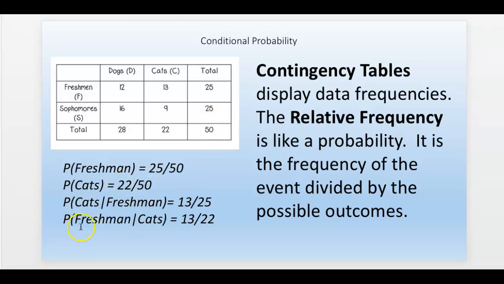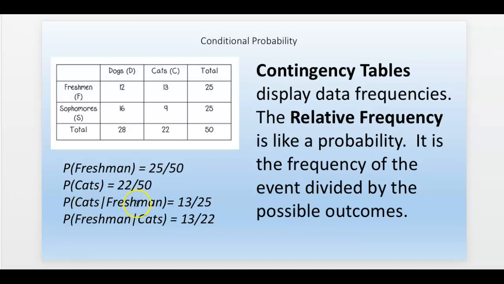All right, but these bottom two are different. Here the first one we're saying, what's the probability that a student we select owns a cat if we're only selecting from the freshmen, given that the student is a freshman? What's the chance that they own a cat?